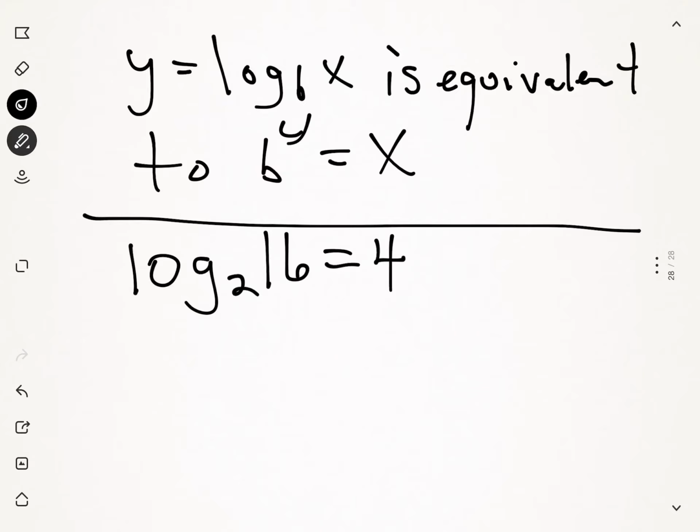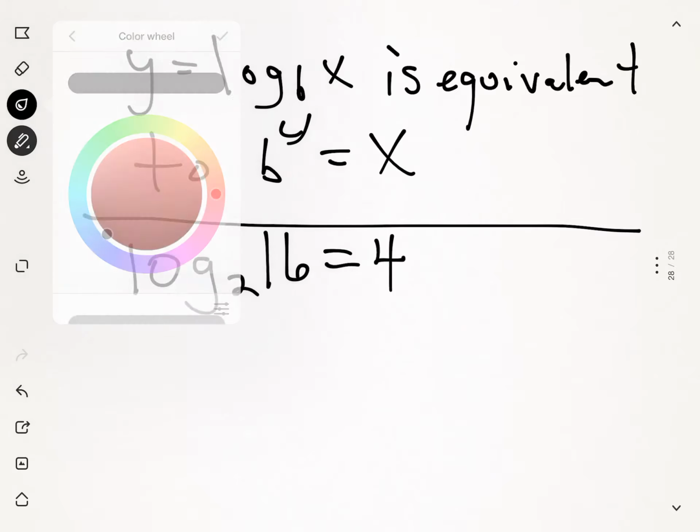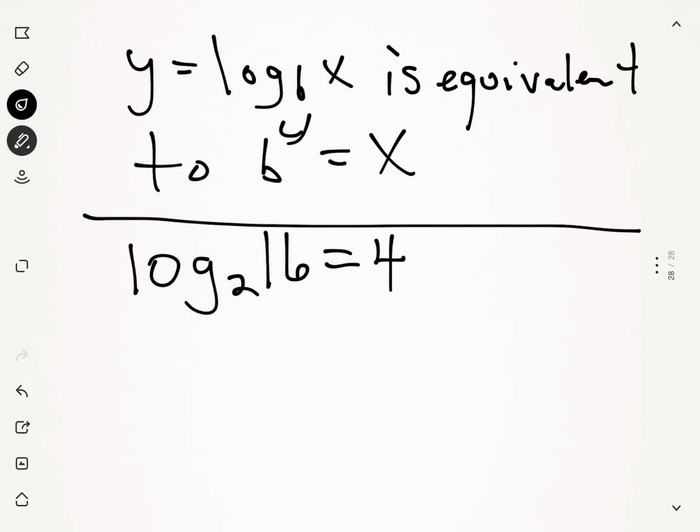Let's start with this one. So I want to convert it to its exponential form. So I'm going to need to use this definition up here. So I need to use this whole relationship.